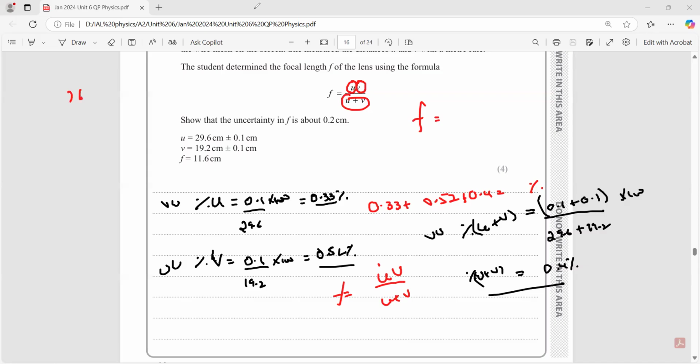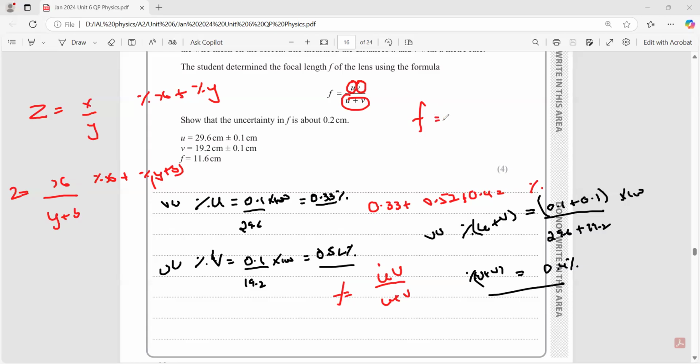Like if I have a value Z equals X divided by Y, and I need the percentage uncertainty in Z, it will be the percentage uncertainty in X plus the percentage uncertainty in Y. If I have X divided by Y plus B, it will be the percentage uncertainty in X plus the percentage uncertainty in Y plus B. So uncertainty always adds, even when quantities are multiplied, divided, added, subtracted.